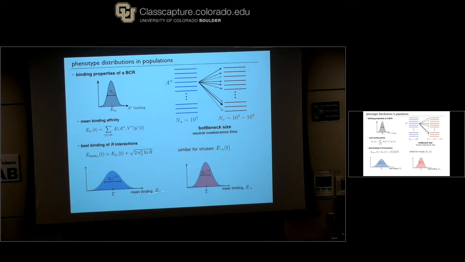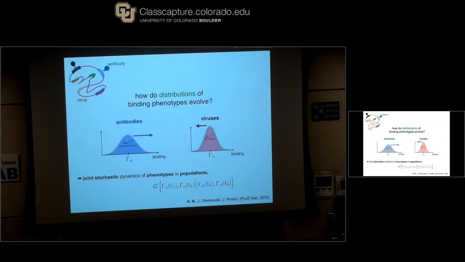So you have two distributions of phenotypes for each of these populations, and the idea is that antibodies want to increase their affinity and viruses want to decrease their affinity. You have a joint stochastic dynamics between the two in a form that doesn't split like the thing we wrote here for environment driving the virus, because you have the feedback between the two.